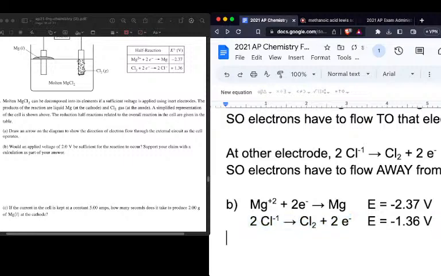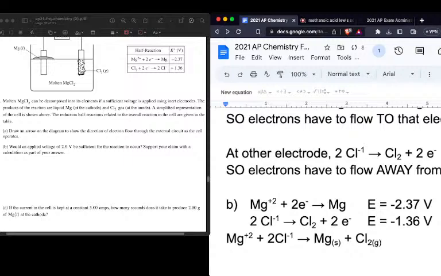That might remind you of Hess's law, but I don't want you thinking that it is Hess's law, because if you multiply these reactions by something, you don't multiply the E by it. So if I was to add these two things together, I got my Mg2+ and Cl- becoming Mg solid plus chlorine gas.